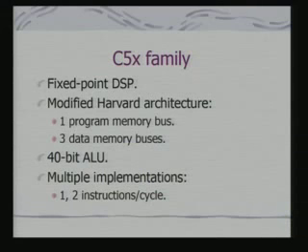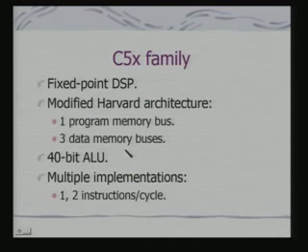Now, in case of C5X, this is a family of DSPs from TI. They are primarily fixed point processors. So, if I want to deal with real data, I have to use QMN format, and there is support for this QMN format data. This is a modified Harvard architecture. There is only one program memory bus and 3 data memory buses, and this is a very interesting and distinctive feature of this processor.